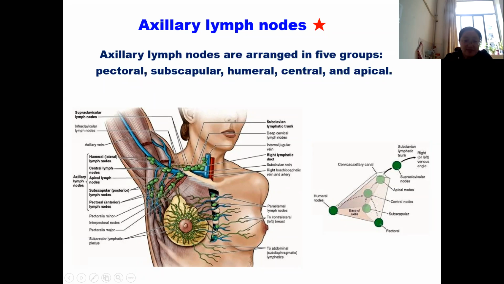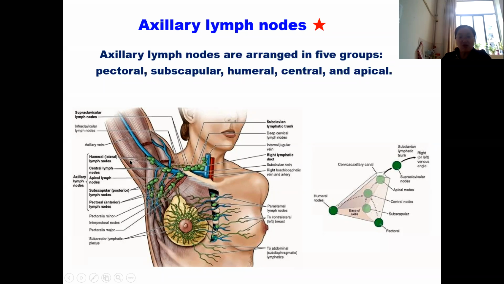Another part aligns along the subscapular artery and vein, along the anterior margin of the latissimus dorsi. This we call the subscapular group, the posterior group. And this group aligns along the axillary vein. This is the lateral group.